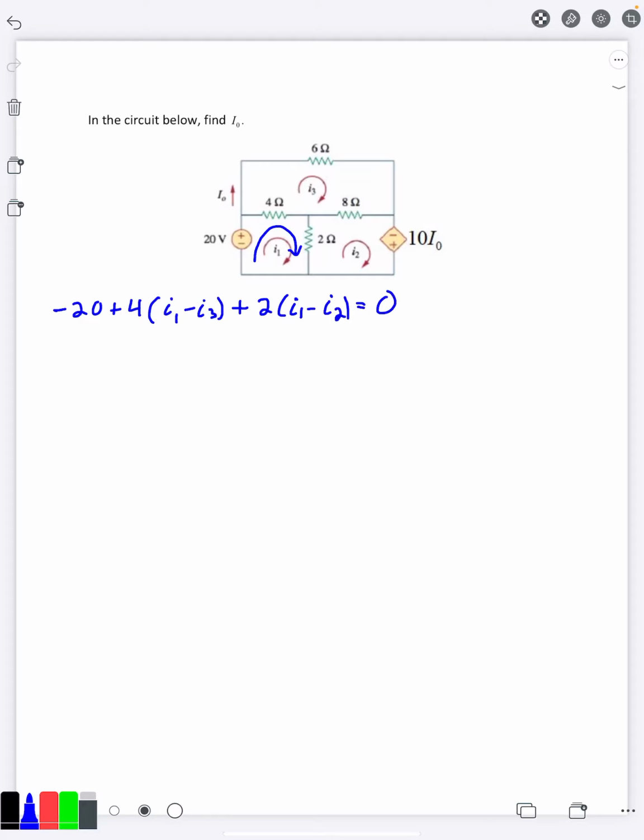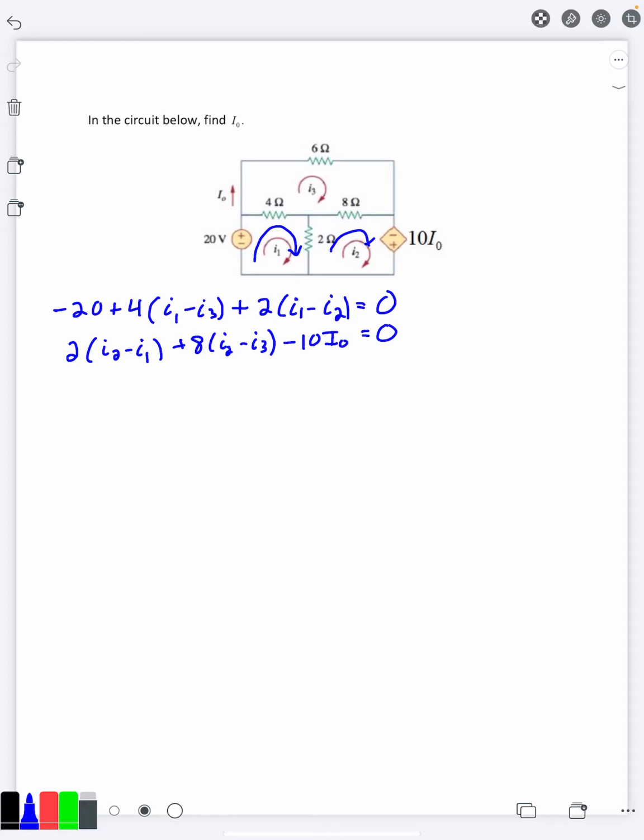When I want to go around the second loop here, I see 2 times loop we're in minus loop we're not in, plus 8 loop we're in minus loop we're not in. And then I'm going into the negative side of the voltage source there, negative 10 I naught equals 0 here.